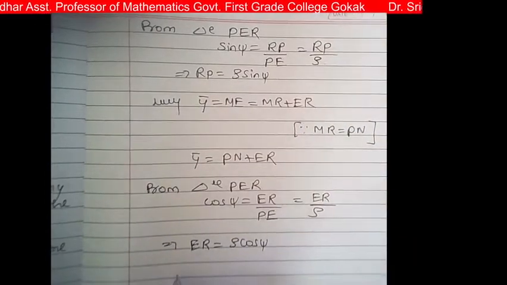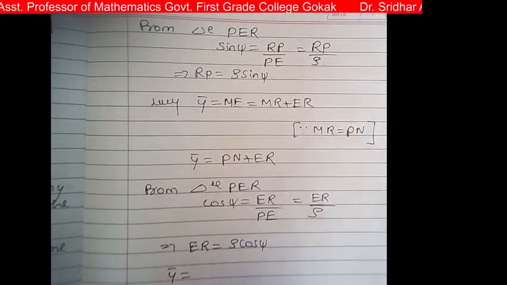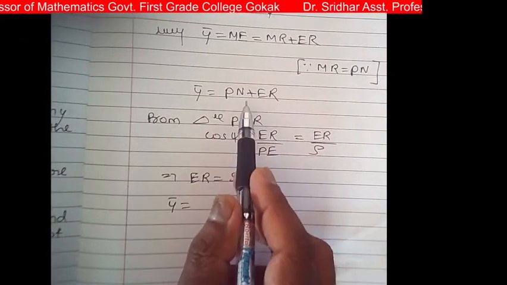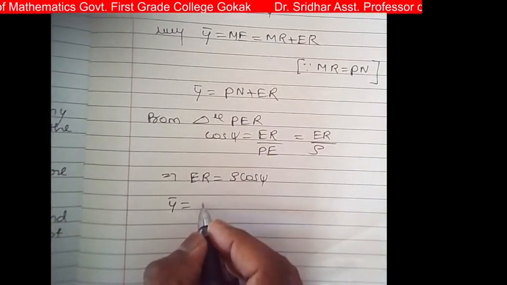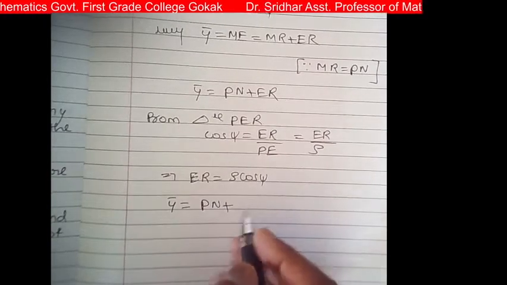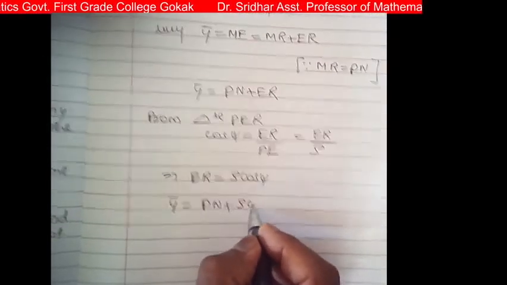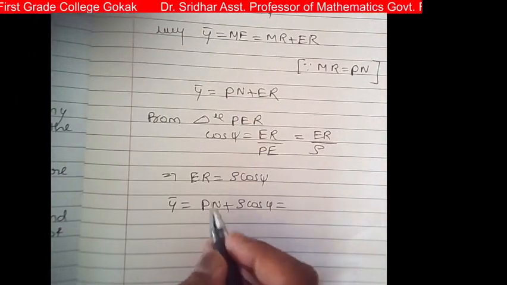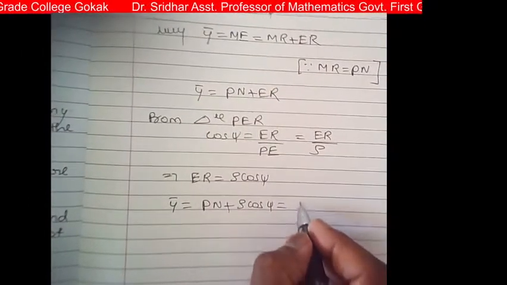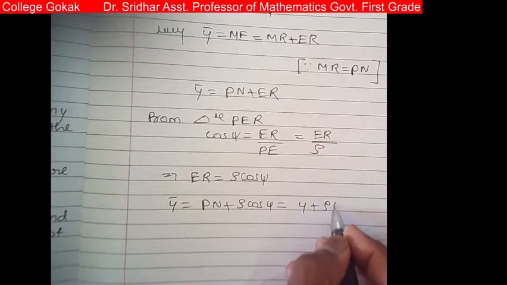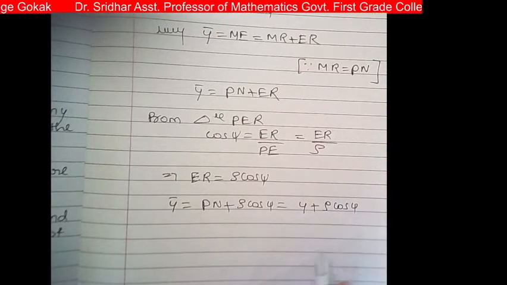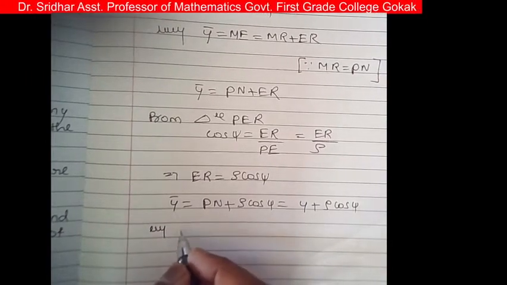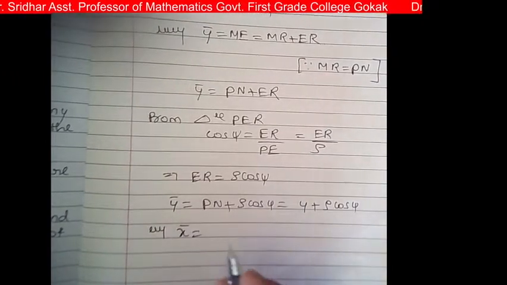Okay, so with this y bar becomes, so substitute this value of ER here, so it is PN plus ER means rho cos psi. So PN is on the y axis, so let us take it as y, so y plus rho cos psi. Okay, so similarly x bar is also the same.